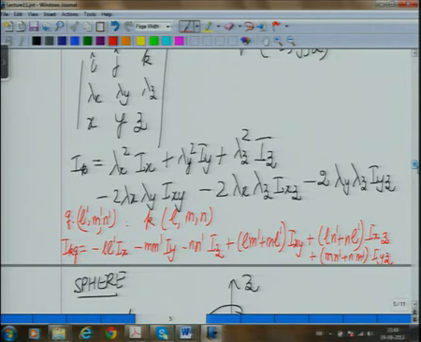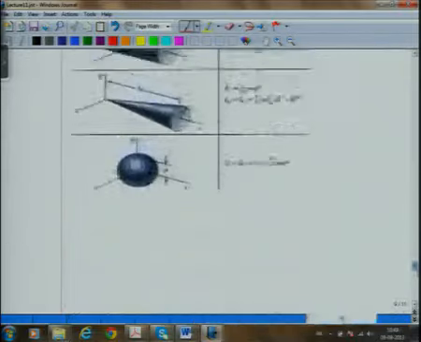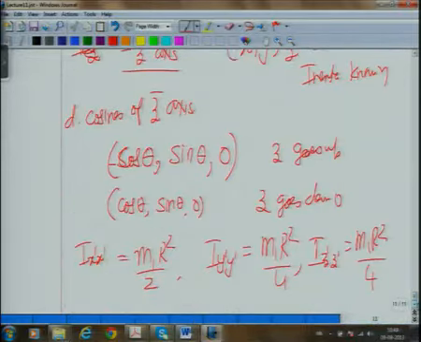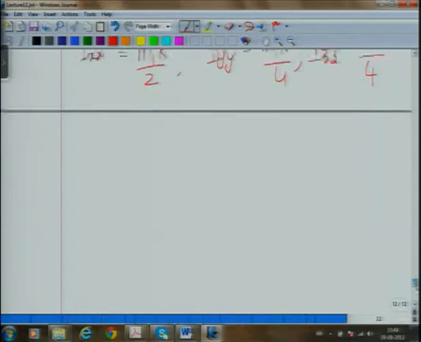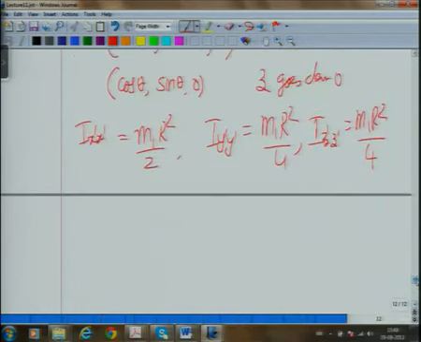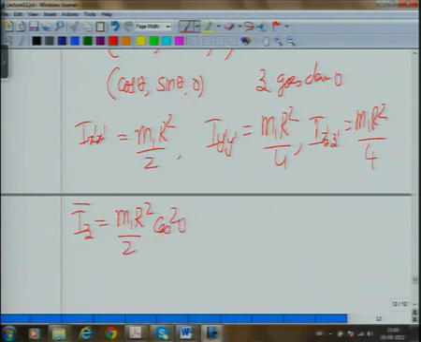Once you have written this, the formula application becomes quite straightforward. So I about z prime becomes equal to m1 r square by 2 cos square theta plus m1 r square by 4 sin square theta. This is about z prime centroidal.